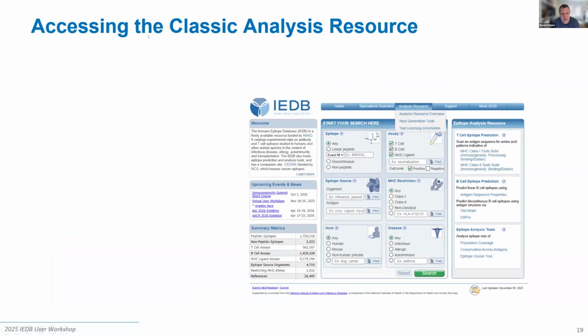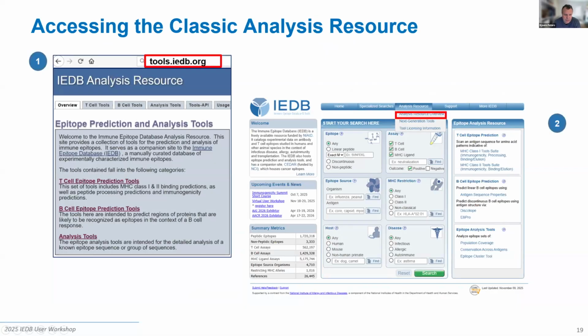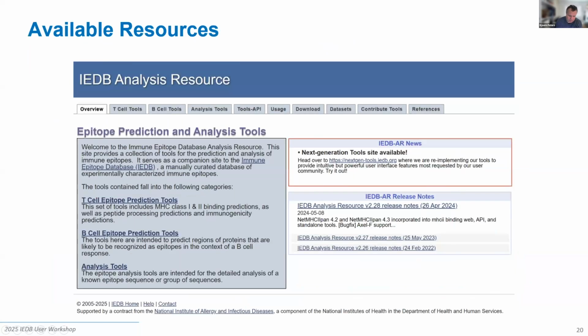This classic analysis resource, if it is still accessible, is the main thing that you're guided to, because it's the one that is complete when you start from the IEDB homepage. tools.iedb.org brings you to this page that gives you the summary of all the tools available.